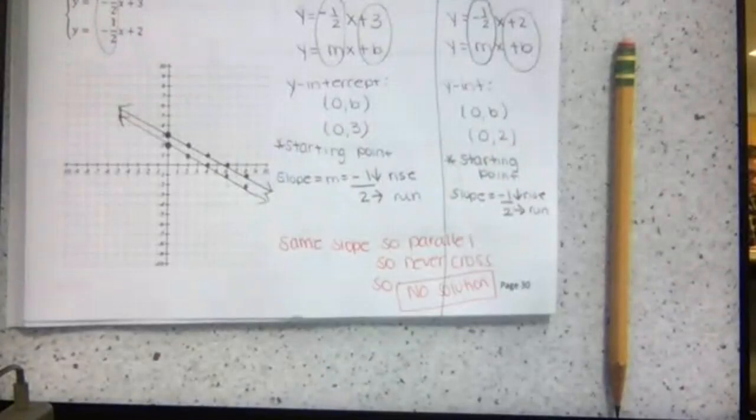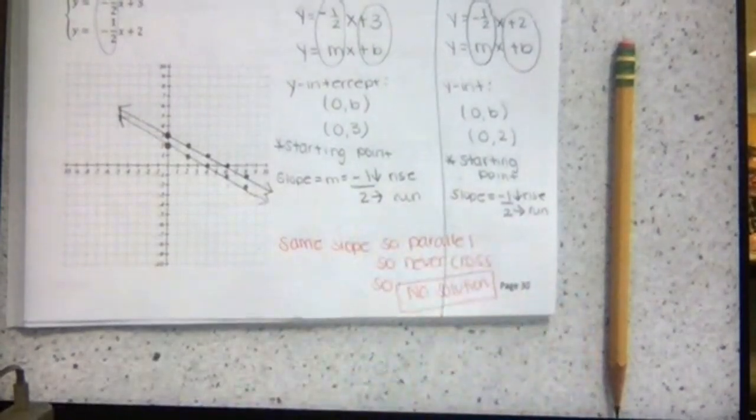So that is all by graphing. And we're going to do solving by substitution next. Before we go there, questions on this one. I know my lines aren't that good, but whatever, you get the point. Questions on this one?